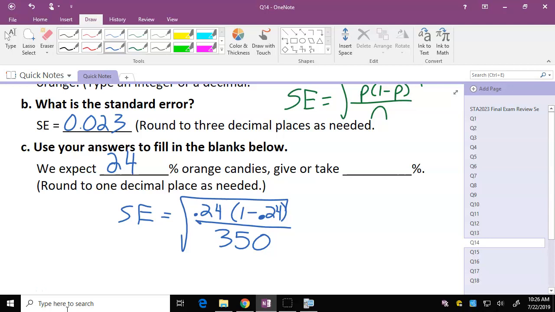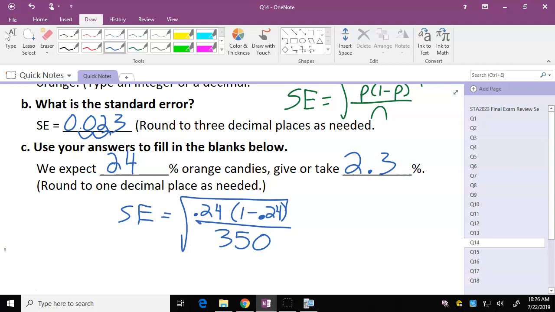It's 2.3. Move the decimal twice. You said 0.23, but it's 2.3. Move the decimal place twice, Chris. Just go 1, 2. There you go. Or multiply it by 100 in your calculator. All right. Everyone good? Okay.